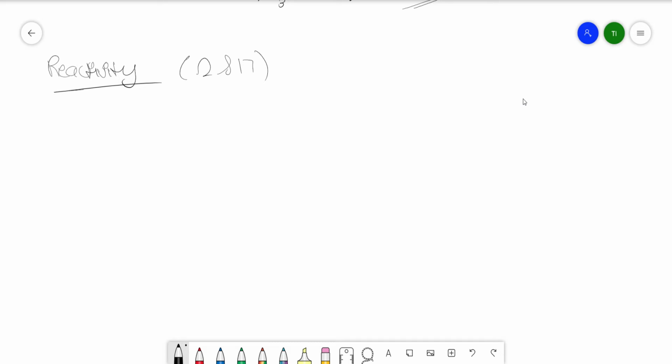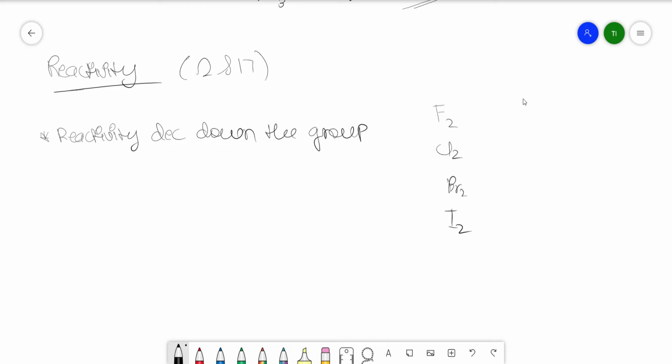And that is why for group 17, reactivity decreases down the group. So for fluorine to chlorine to bromine to iodine, the reactivity decreases down the group.